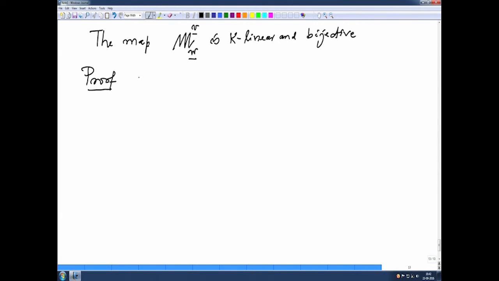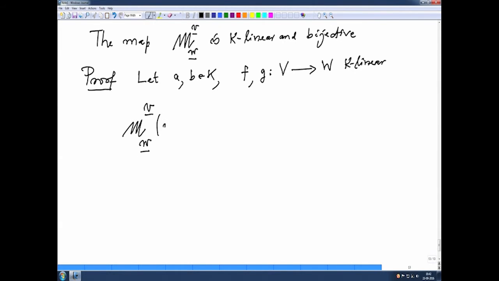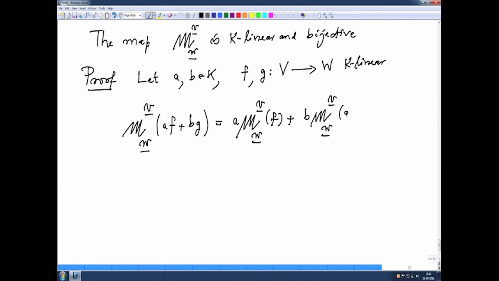That means let A and B be two scalars and F and G be two linear maps from V to W. Then we have to show that M_{V,W}(AF + BG) is the same as A·M_{V,W}(F) + B·M_{V,W}(G). We have to show this.